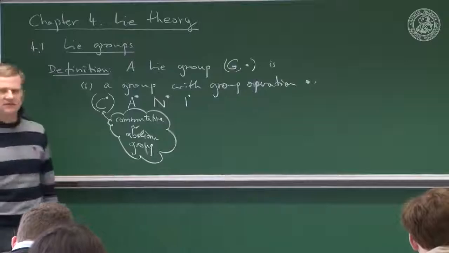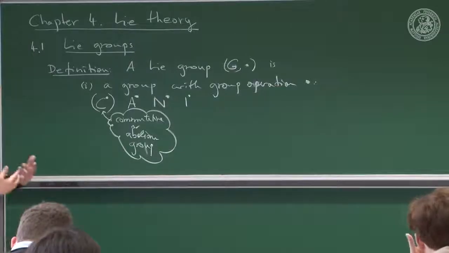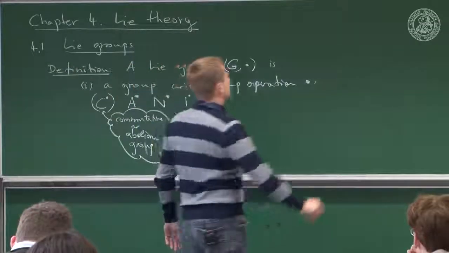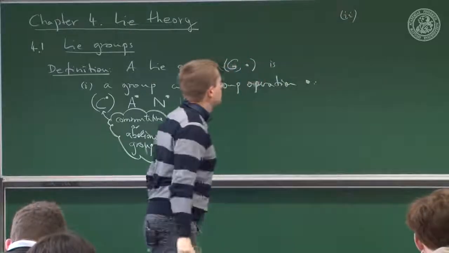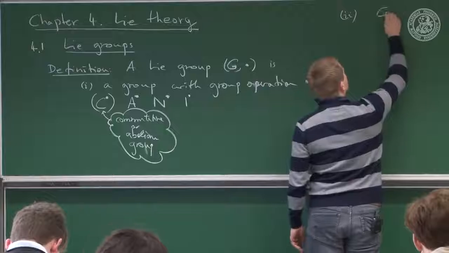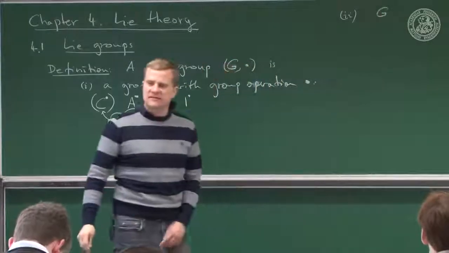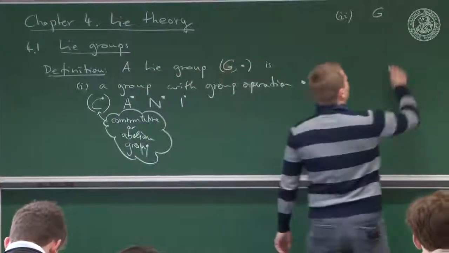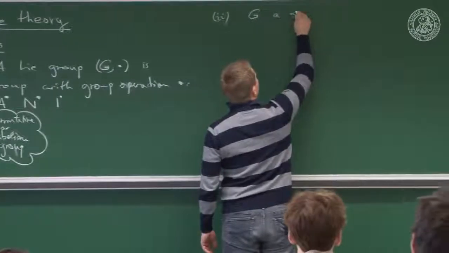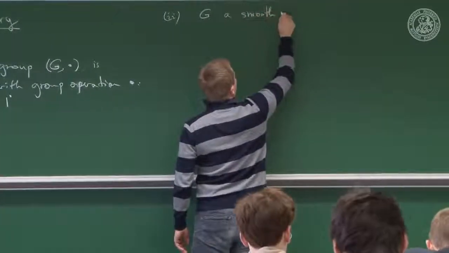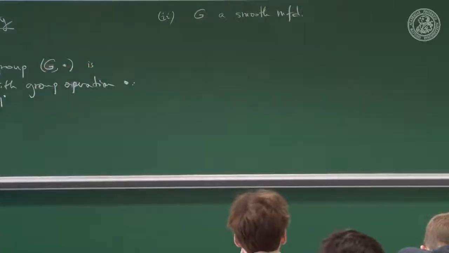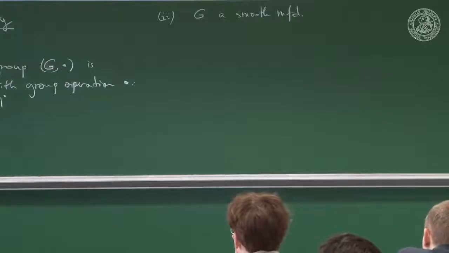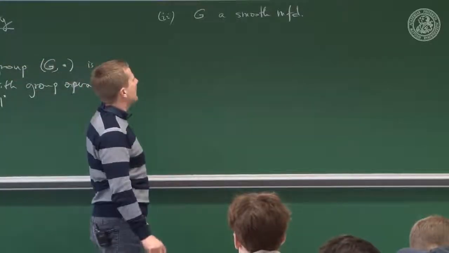So nothing spectacular about this. A Lie group is a group, but it's more than a group, because in addition, this underlying set G is much more than a set. G is actually a smooth manifold. That means there is a topology given on G and also a smooth structure, so a maximal smooth atlas.